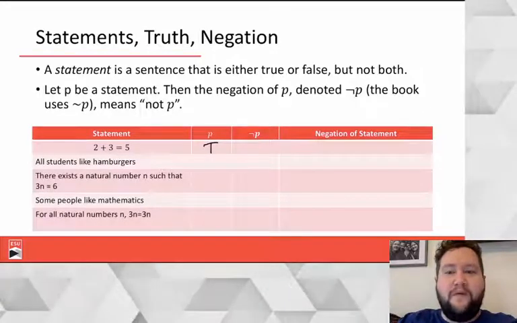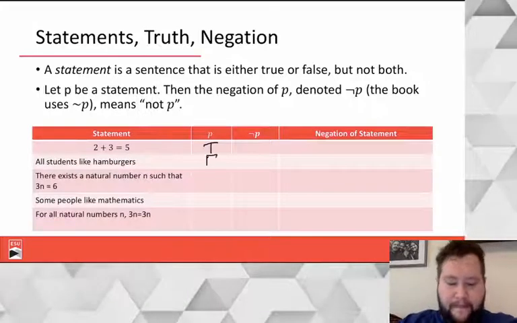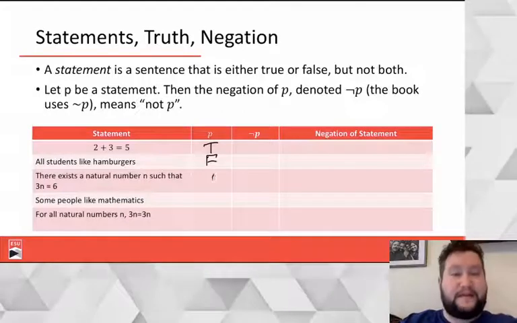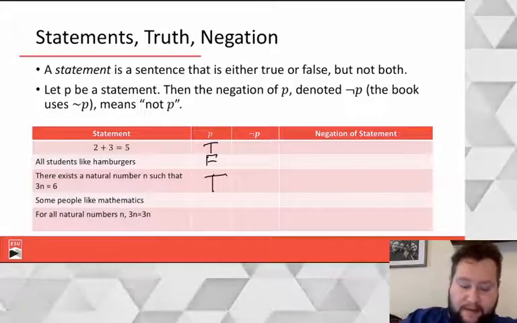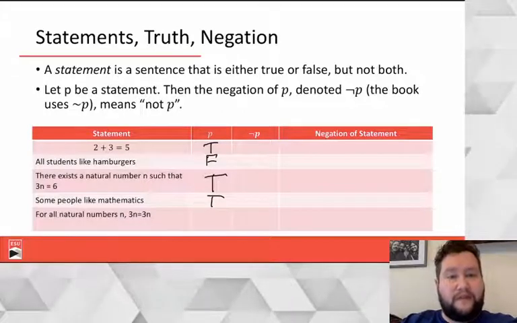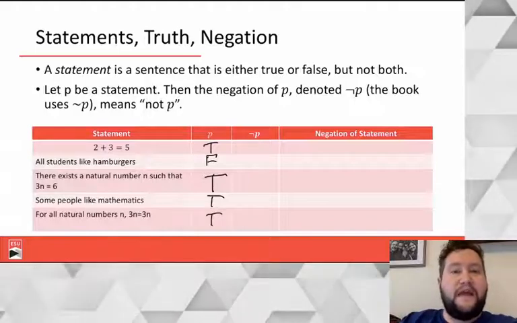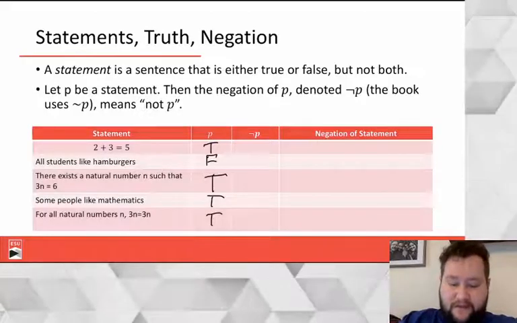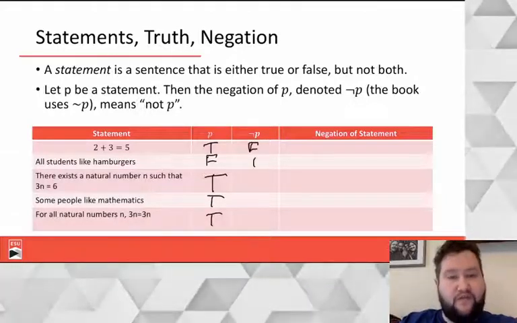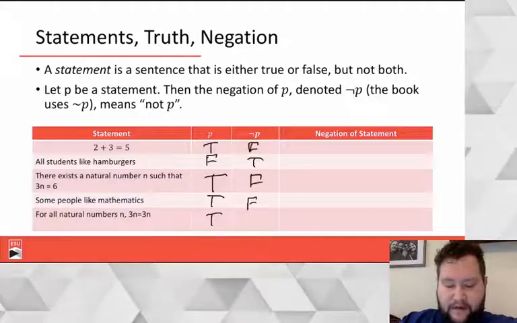So we know that all students like hamburgers is false. There exists a natural number n such that 3n equals 6, we said was true. Some people like mathematics is true. And then for all natural numbers n, 3n equals 3n was also true. So the negation means not. So if it's not true, it's false. And if it's not false, it's true. False, false, and false.